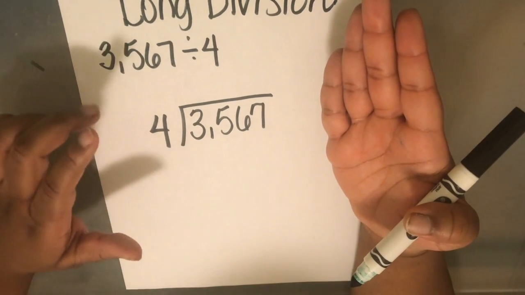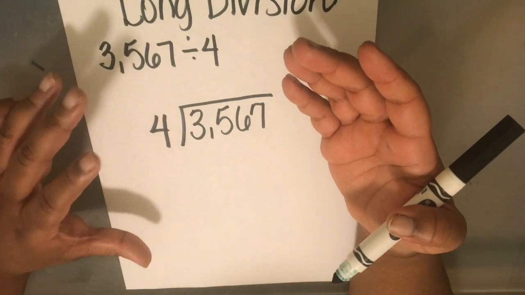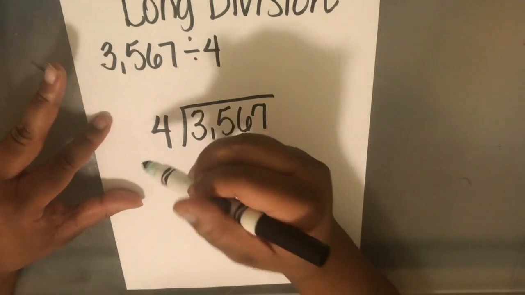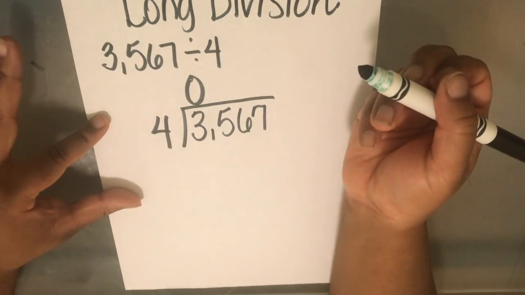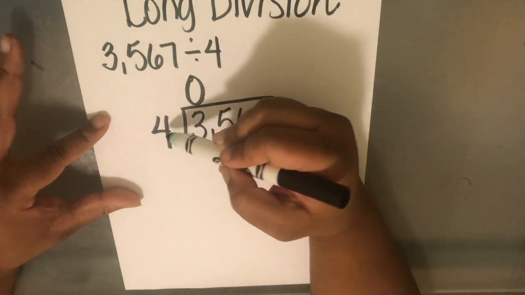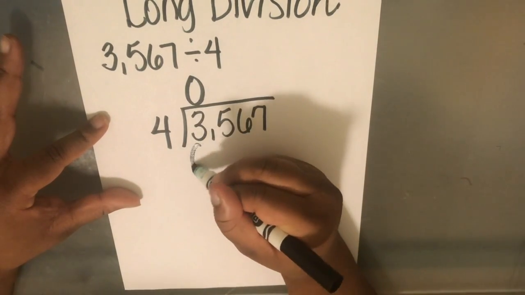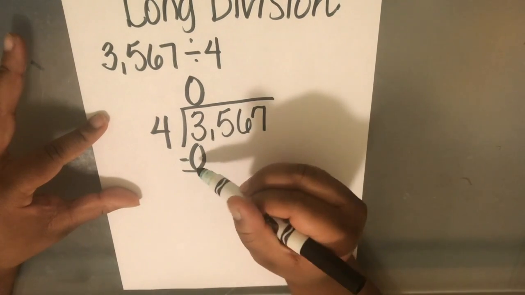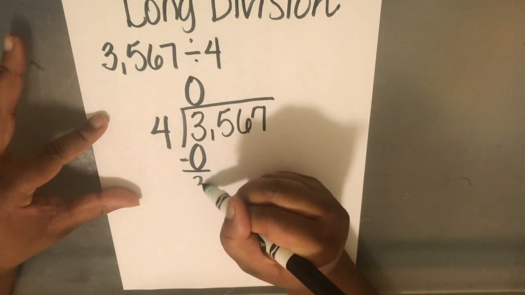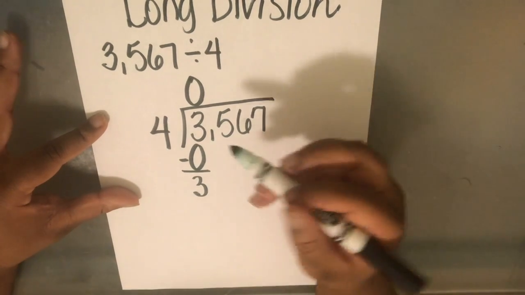That answer would be no. So the answer is 0. 4 goes into 3 0 times. 4 times 0 is 0. 3 minus 0 is 3.